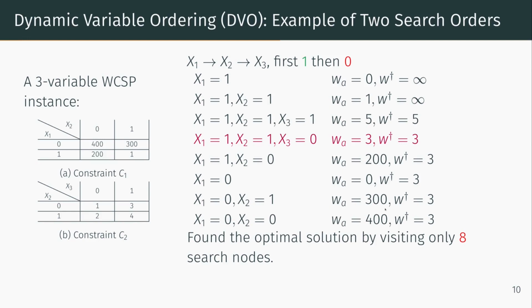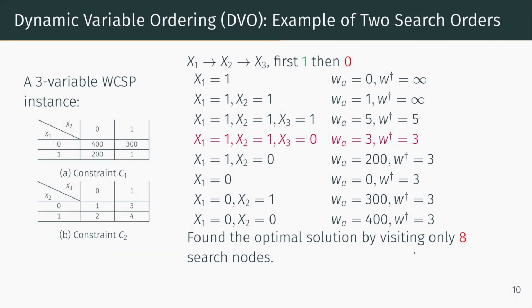Here WA is 300 and it's way larger than 3. So again, we don't have to try any assignment of x3. Then go to the next step, x1 equals 0, x2 equals 0, then WA is still larger than 3. So we don't have to try any assignment of x3. So in this search order, we found the optimal solution by visiting only 8 search nodes. This saves a lot of search nodes compared to the previous ordering.